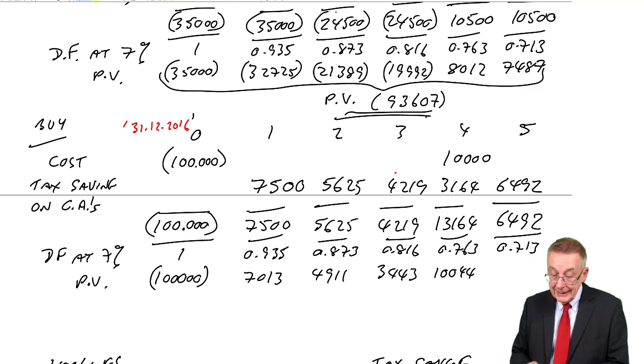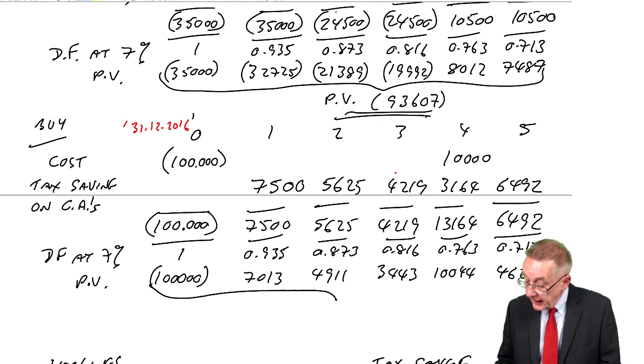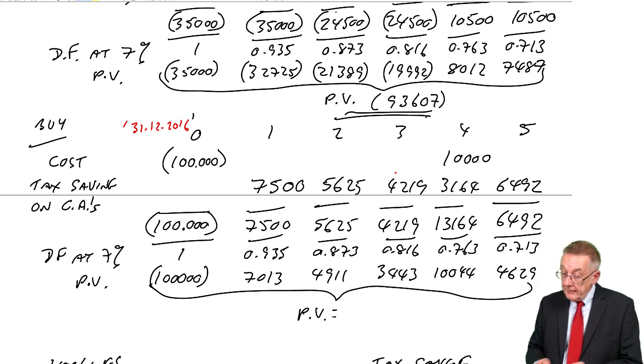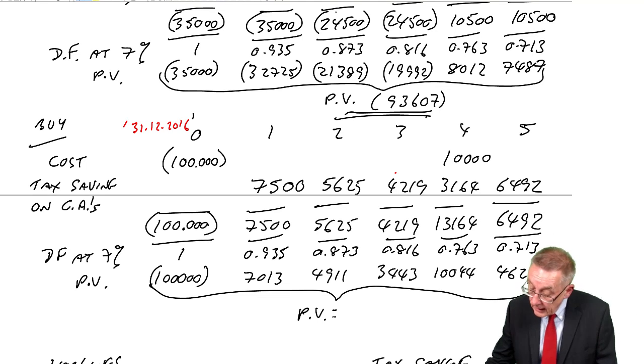And finally, £4,629. And so again, the total present value if we buy is £69,960.